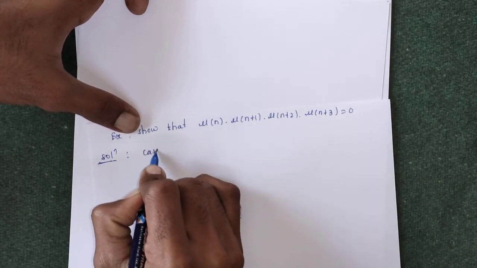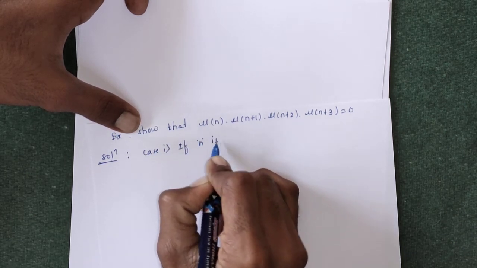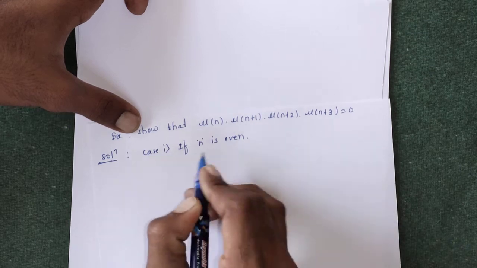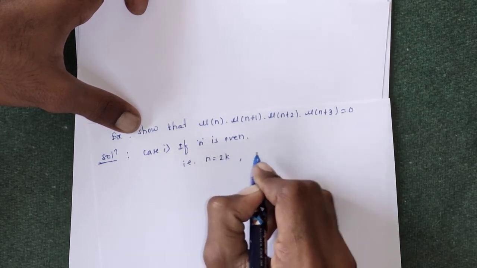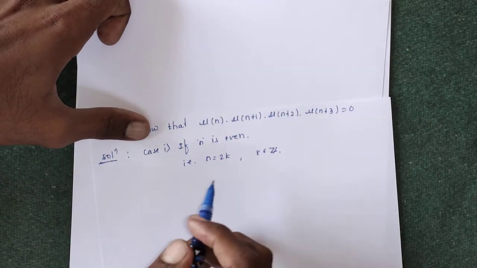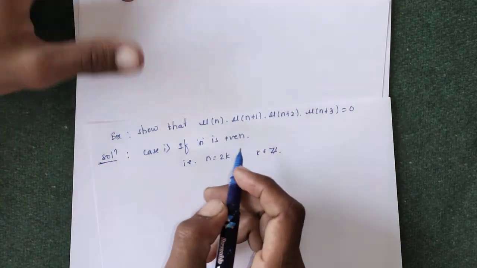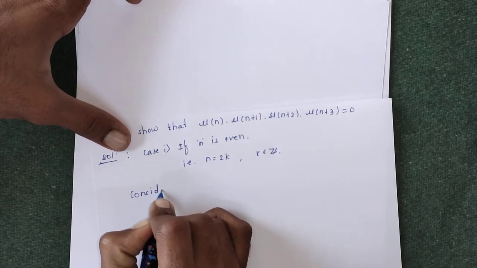First case, if n is even, that is n is of the form 2k where k belongs to Z. Now consider the left hand side.